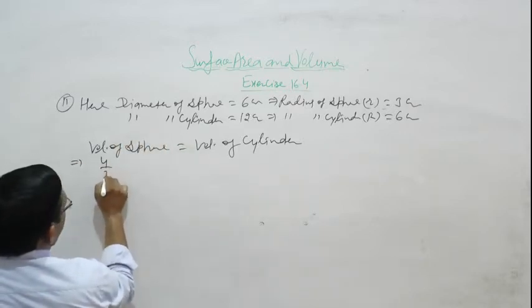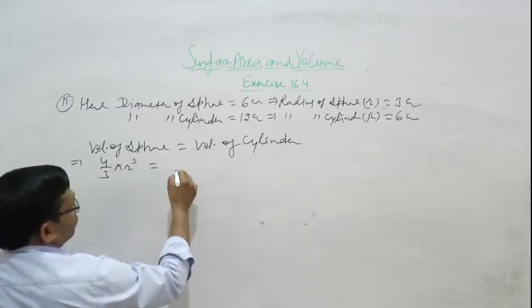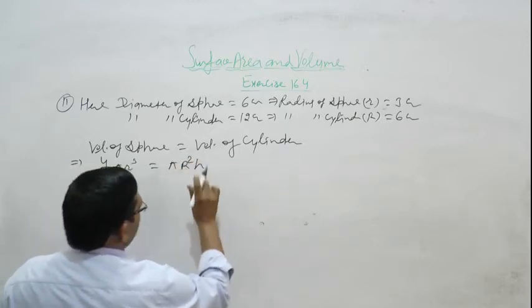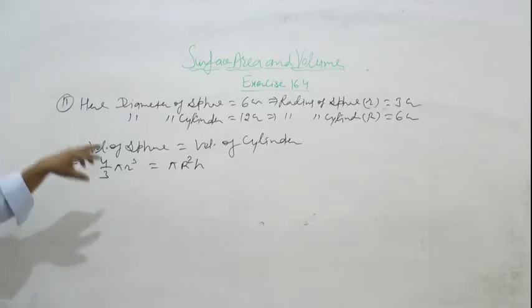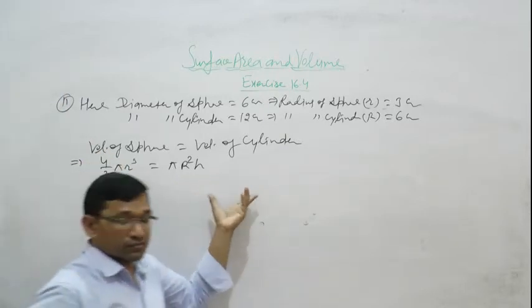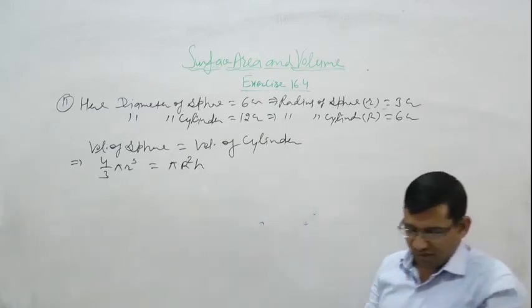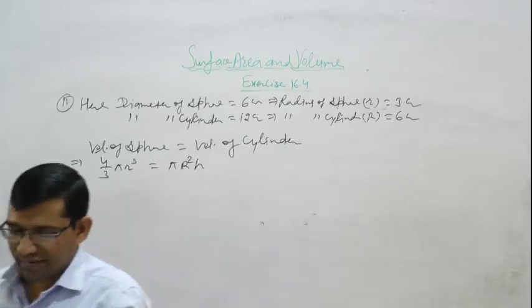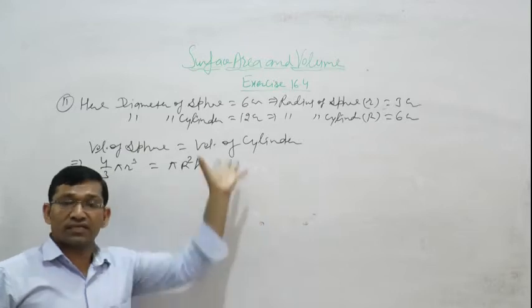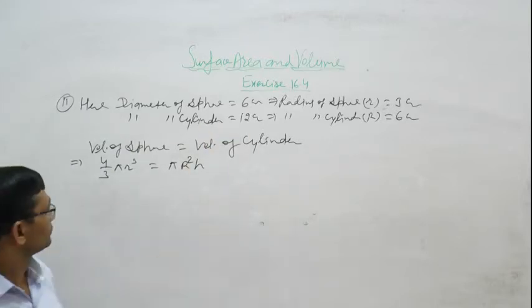Volume of sphere is 4/3 pi r cube is equal to volume of cylinder is pi r square h. We want to find out the rise in water in the cylindrical vessel, how much the water rose, how much it went up. It means we have to find the height.